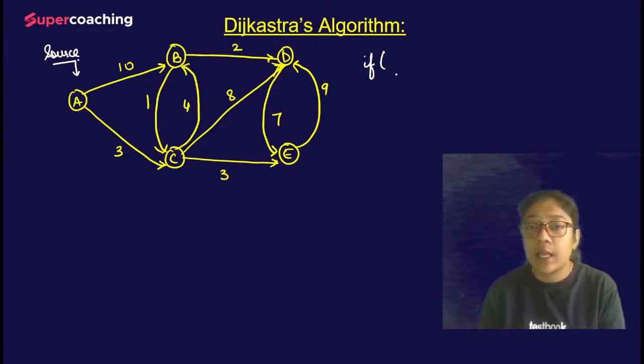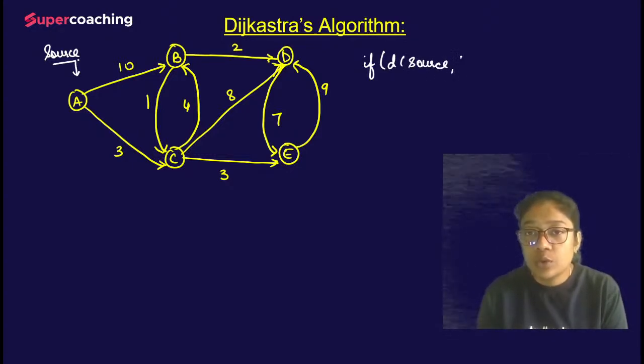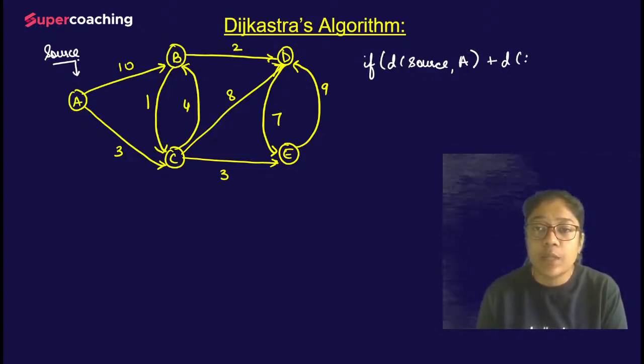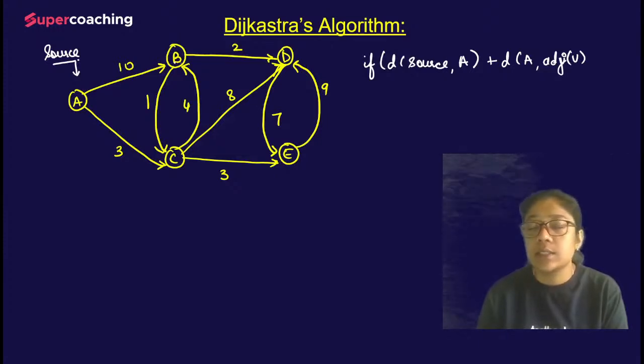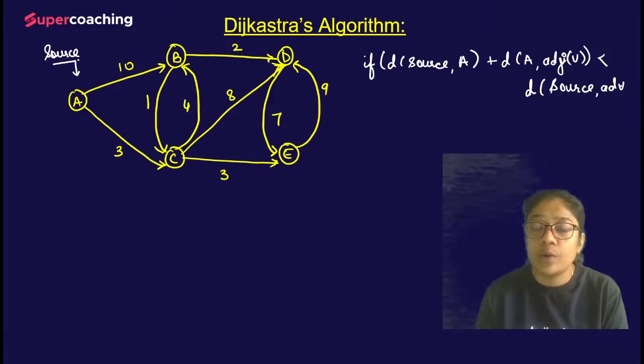So what I'm saying is, if the distance from source vertex to some intermediate vertex plus distance from that intermediate vertex to adjacent vertex V, adjacent vertex is, let's say, B, is smaller than distance from the source vertex to adjacent vertex, जो direct path था उससे smaller value मिल रही है आपको, then we will be updating the value.